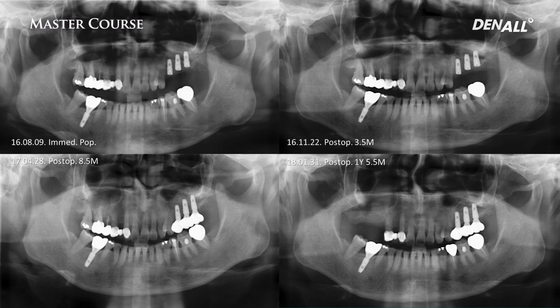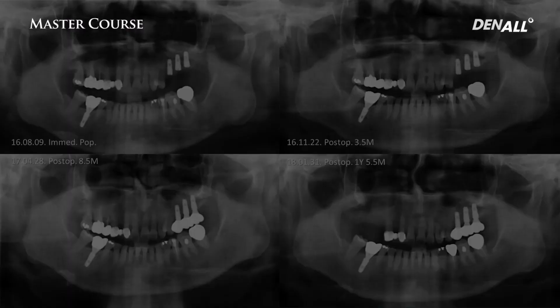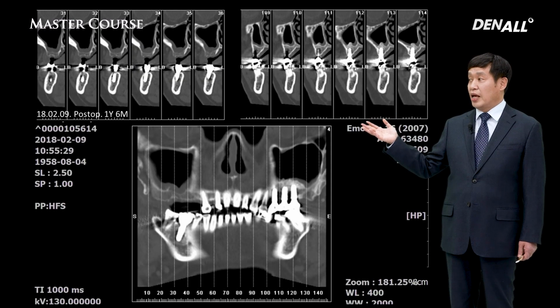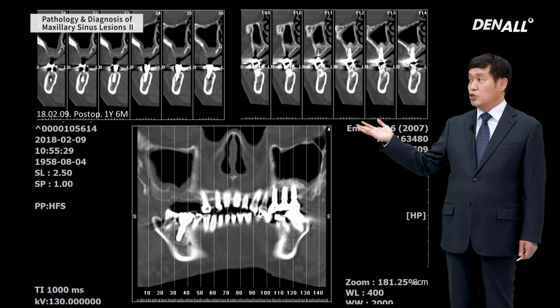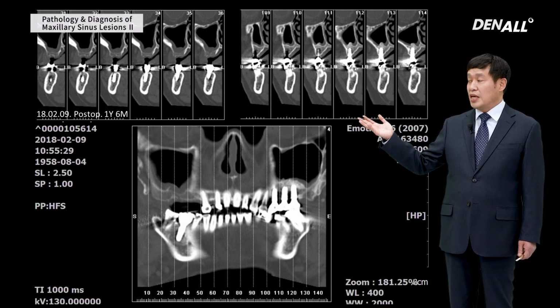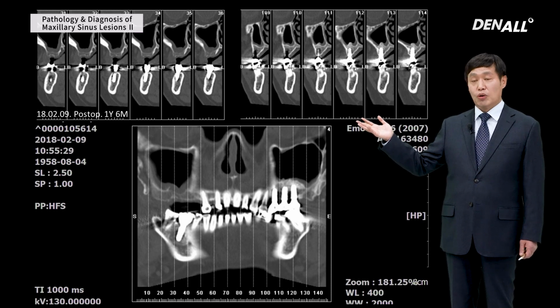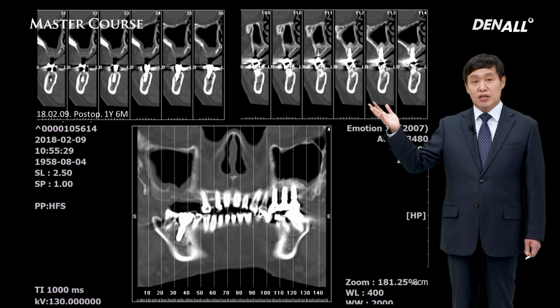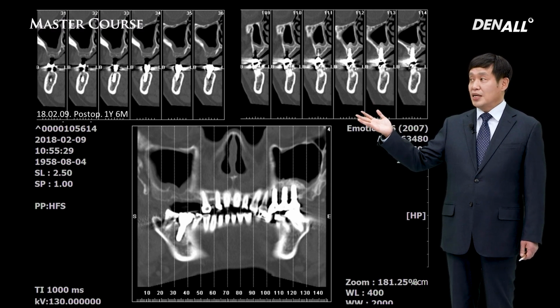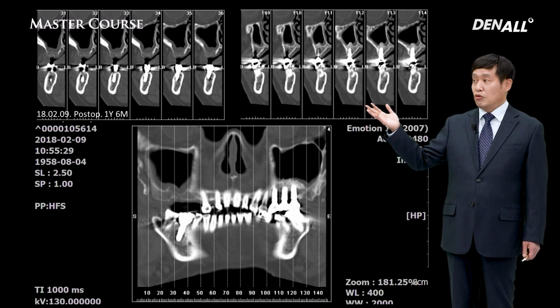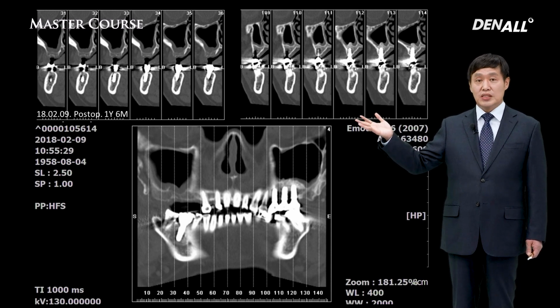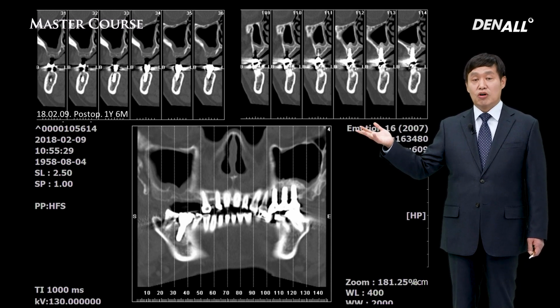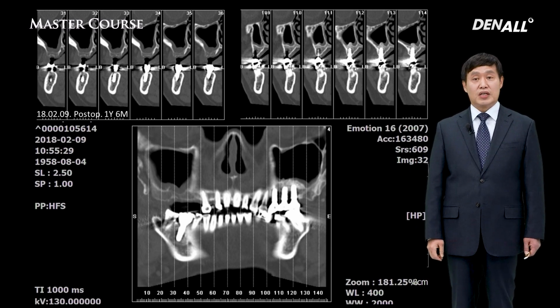In the posterior right side, if you take a CT, on top of bone graft, there is a little bit of mucosal thickening left, but you can see that it has improved compared with before surgery. In the case of the left side, I'm not sure whether you remember the X-ray before, but after loss of tooth, the sinus mucosal thickening on the right side has improved as well.